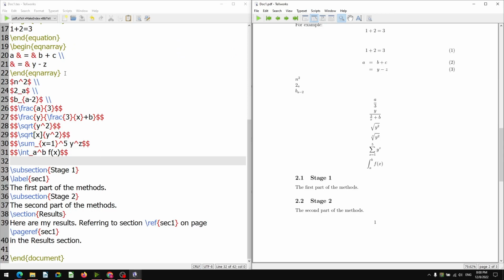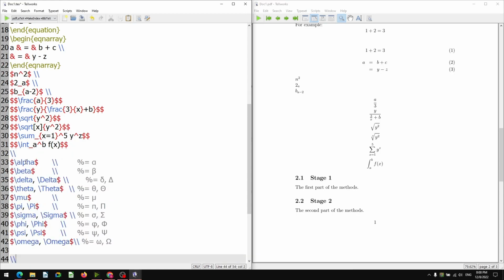Let us write some other symbols, Greek symbols. These can be written with backslash and the spelling, say alpha. So let us write all these from line number 32.